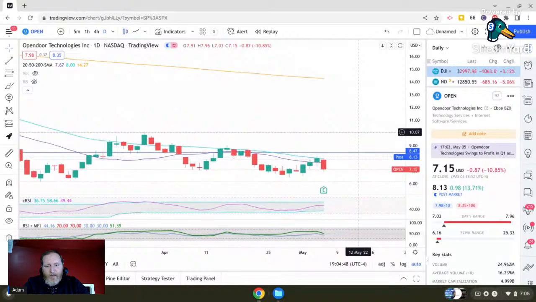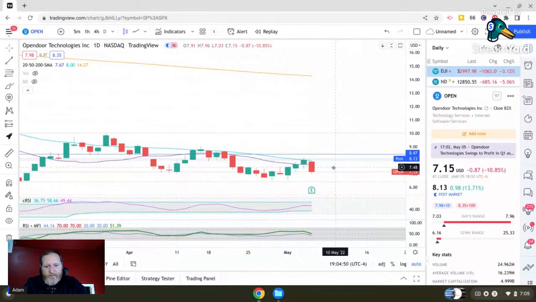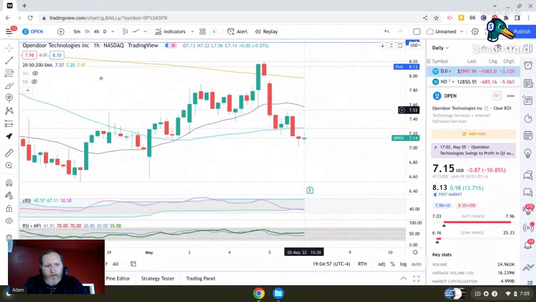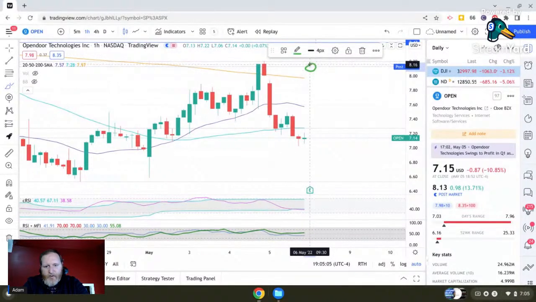Now, it doesn't seem like much, this is the daily. Actually, let me go to the hourly. You can see it a little bit better. So each candle represents 1 hour. So it's up here. This is where it will open tomorrow at. The candle, they had a nice gap up.